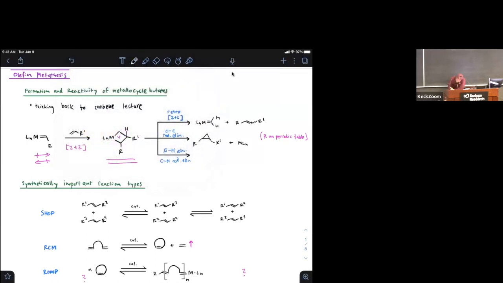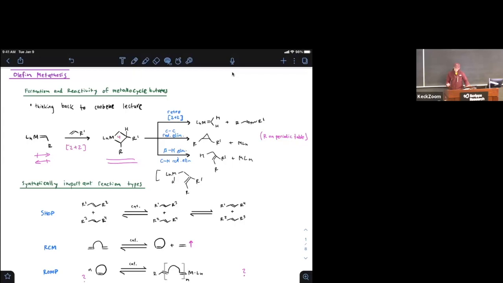Maybe I'll draw this intermediate so that it's a little bit more clear what I mean by this. We'll get you to the corresponding alkene, and also the reduced form of the metal, not catalytically active.